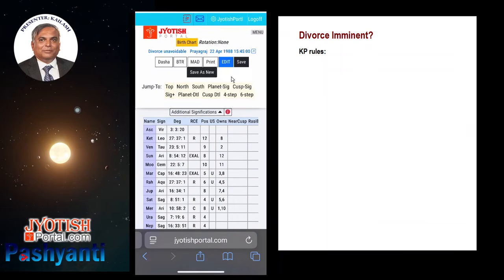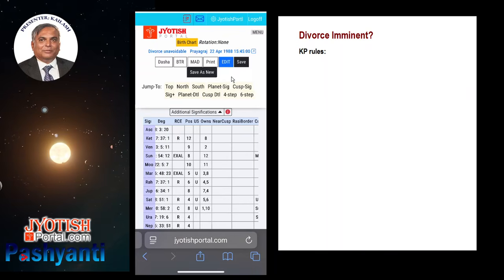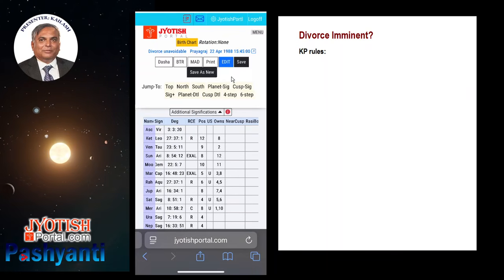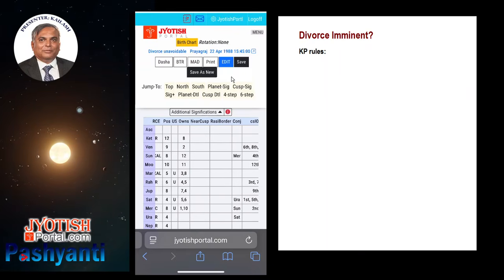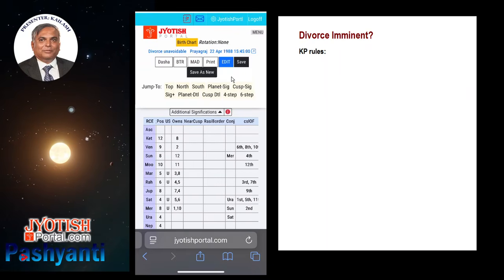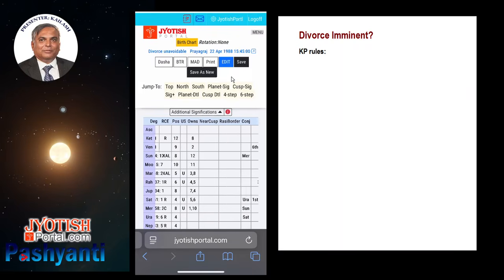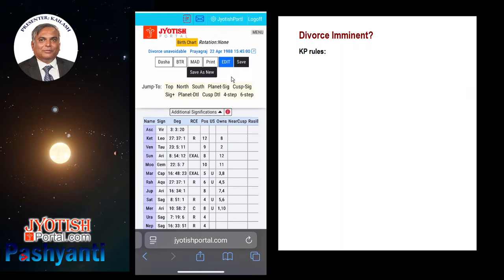So the first thing I did was to make a note of whether the ascendant is on the borderline. You see this has a horizontal scroll, so you have to scroll horizontally for some of the data on the right side to become visible. That's what you can do on the phone.